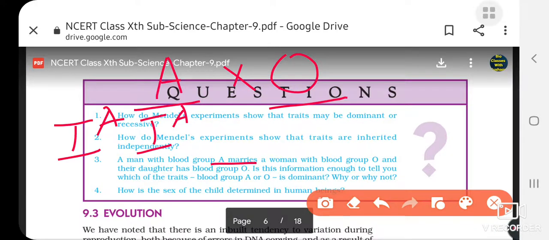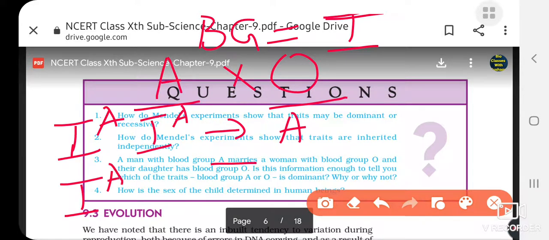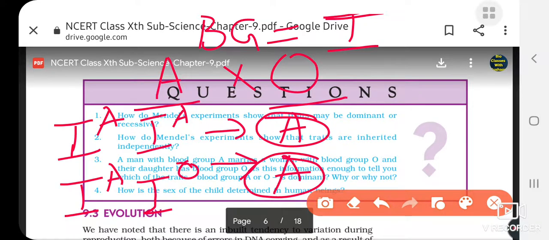Children, this capital I is representing the gene for blood group, and this A is representing blood group A. For blood group we use this letter I. And if a person is IA, because we write all the characters in pairs, so IA represents blood group A. If suppose the father is with this combination, because O is recessive, then in this case also the person's blood group is A. If you want, you can note down the alleles of blood group A. IA is also blood group A. IAIO, O is a recessive blood group, so this is also going to be A blood group.